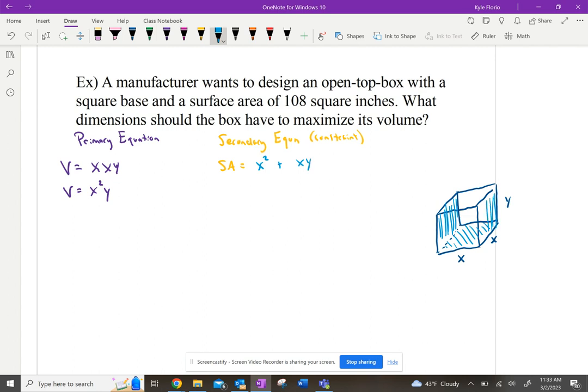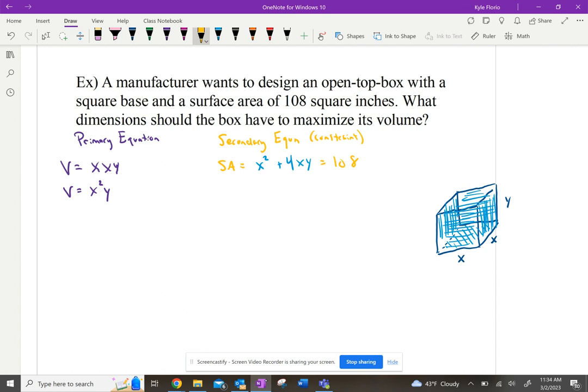And there's four walls that are all x by y: the left, the right, the front, and the back. Now there is no roof, there is no top, so I don't need to worry about the top. So that's going to be the surface area, and we know that's equal to 108.